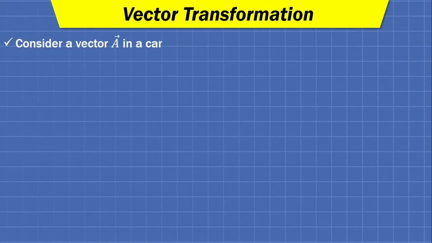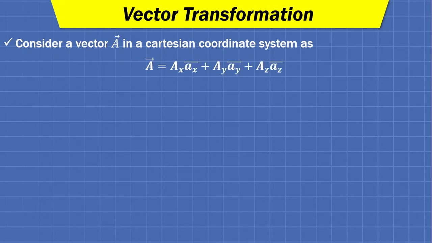Now consider a vector A bar in a Cartesian coordinate system as A bar equals capital AX, ax bar plus capital AY, ay bar plus capital AZ, az bar, where capital AX, AY and AZ represent the XYZ coordinates of point A, while ax bar, ay bar and az bar represent the directions of the X, Y and Z axes respectively.